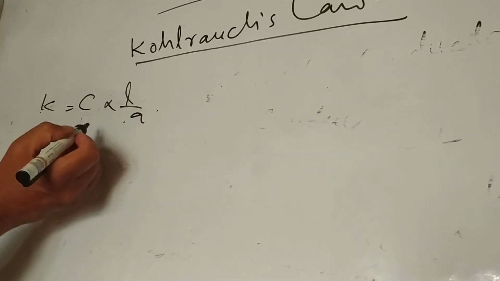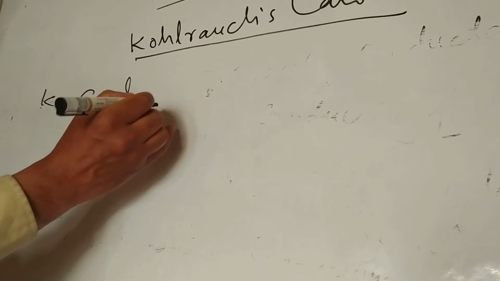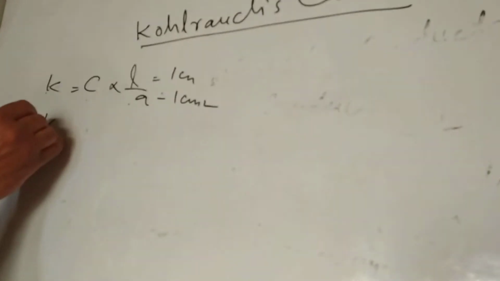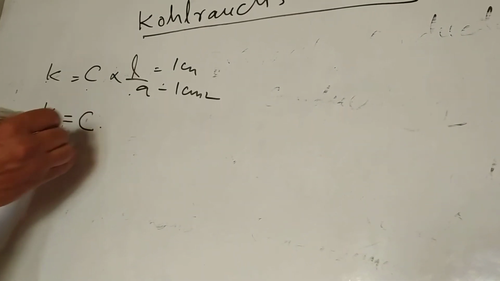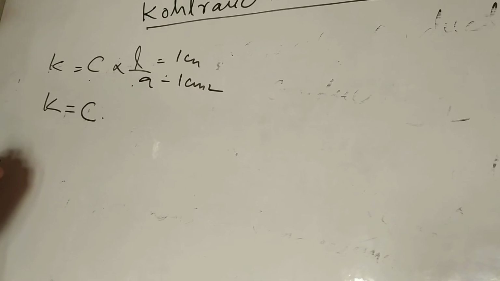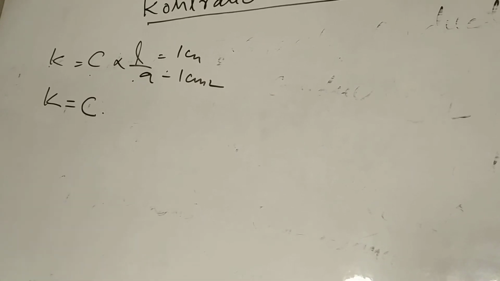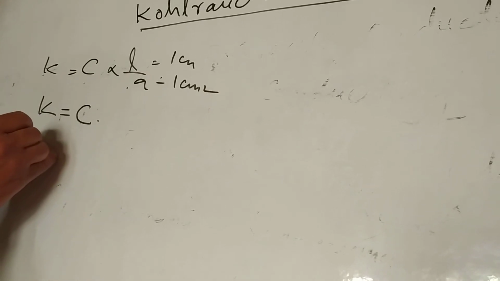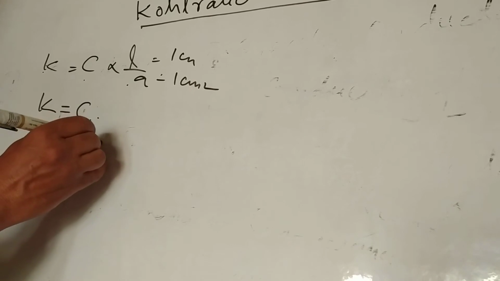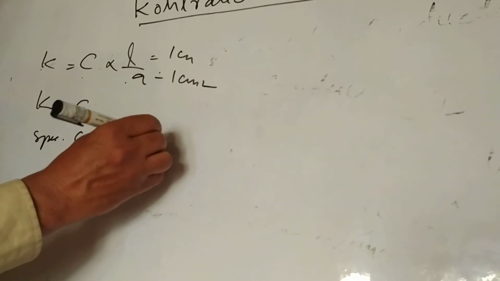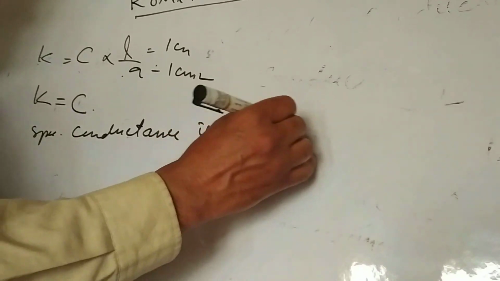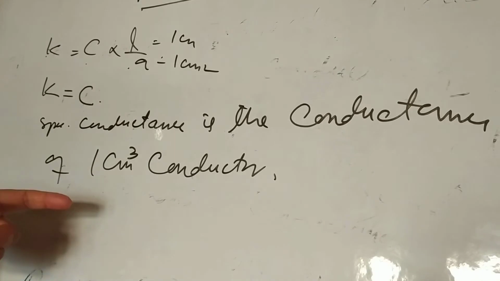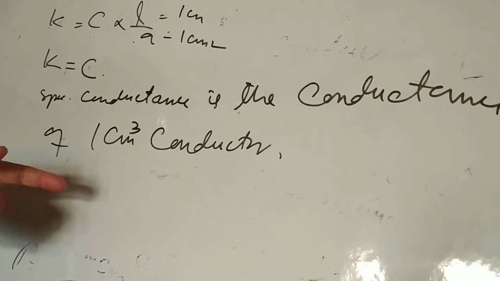If we have a conductor whose length L is equal to 1 centimeter and area is 1 centimeter square, then specific conductance is equal to conductance. Thus, specific conductance is the conductance of 1 cubic centimeter of a conductor whose length is 1 centimeter and whose area of cross section is 1 centimeter square.